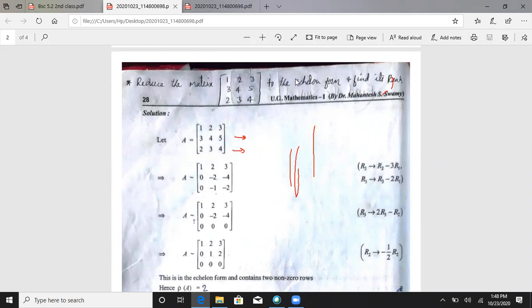See here, this one. That is R3 equals R3 minus 2R1.